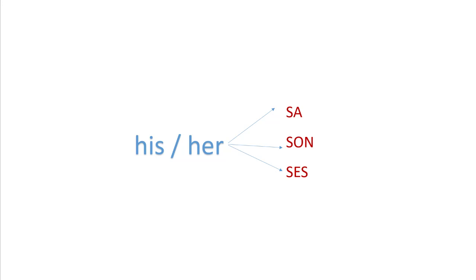So the difference here between his and her from when you learned my and your is that it does the same thing and it works the same way, but there's a little complication from our own language, because in English there's a distinction between his or her.